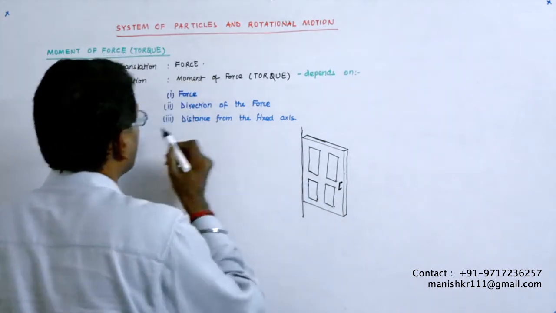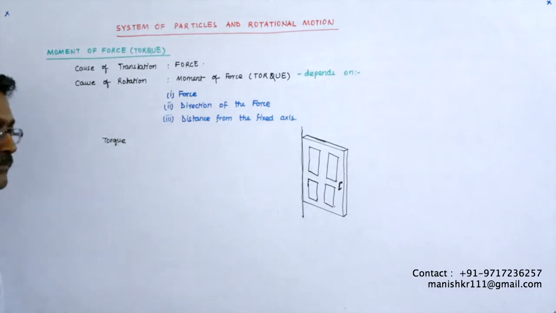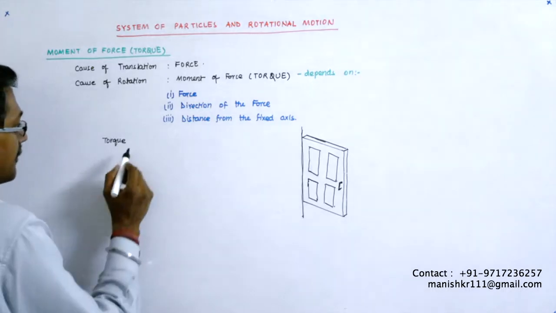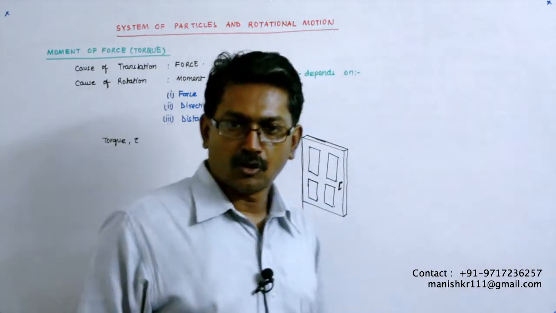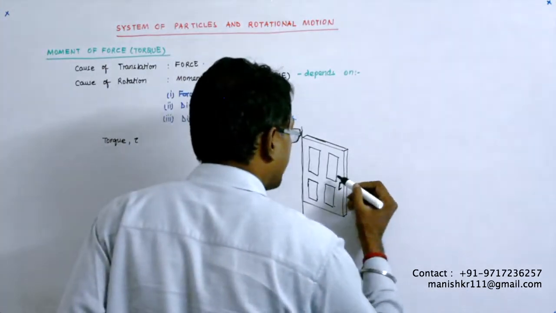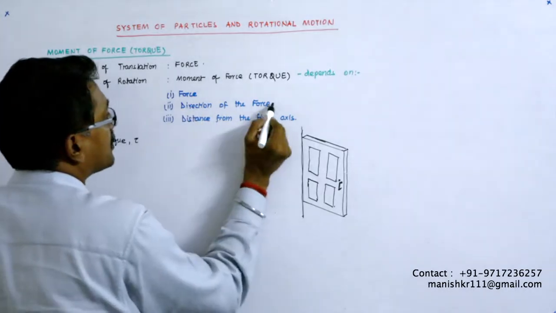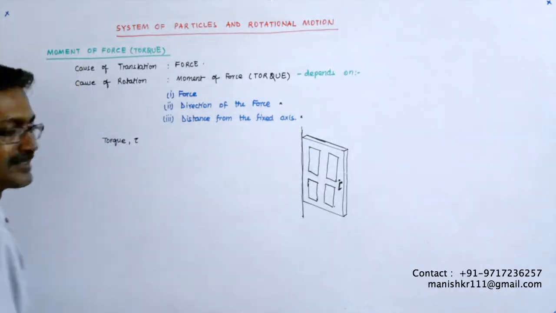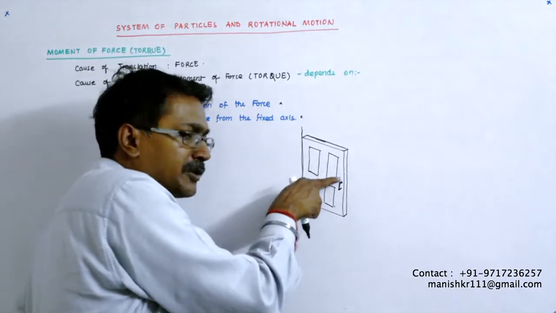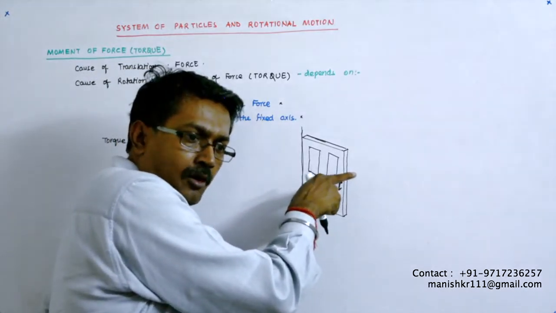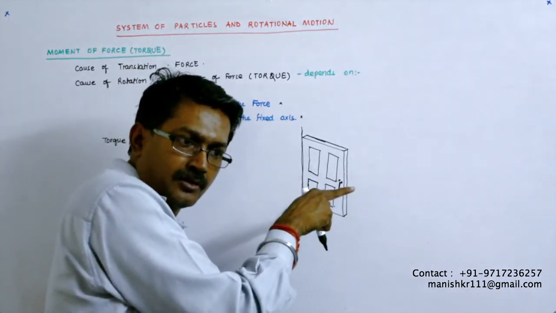So what did I say? So the torque, everything else remaining the same, that torque we denote by tau. Everything else remaining the same, when I was pushing it here, I do not change the direction, I do not change the distance. And when I was pulling it very slowly, compared to when I was pushing it with some greater force, what had happened?